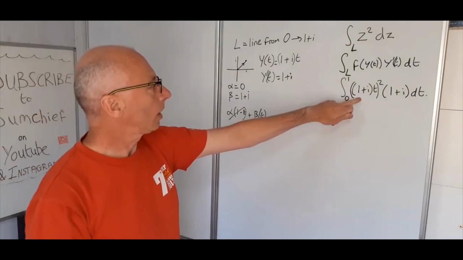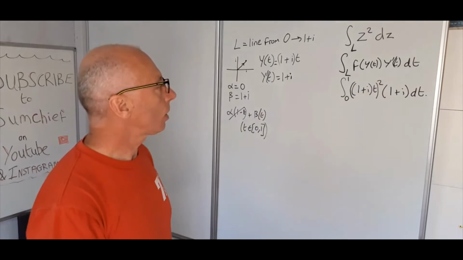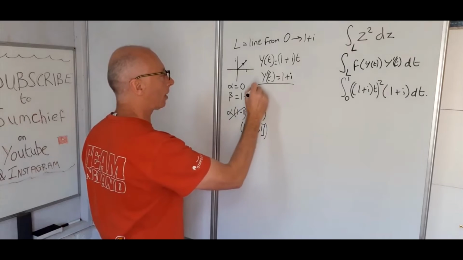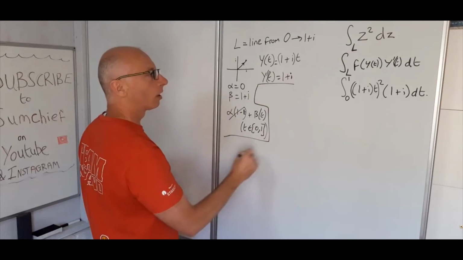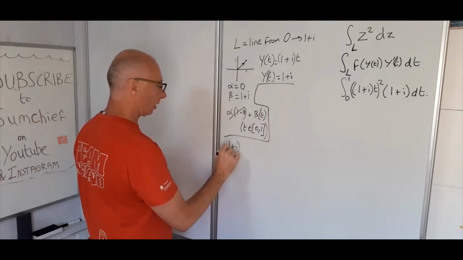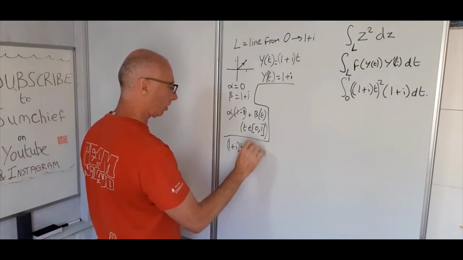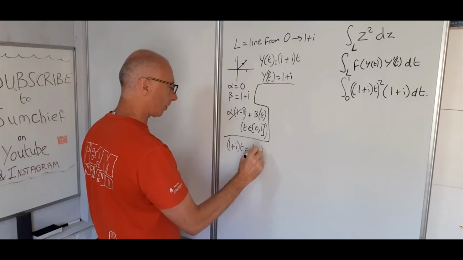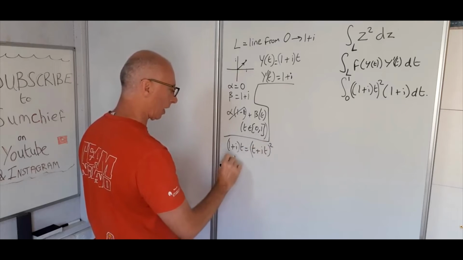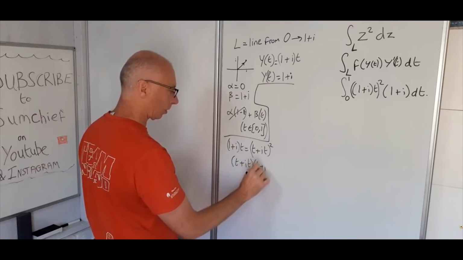Okay, let's work out what we've got here. So 1 plus i t squared. Let's just work that out here. 1 plus i times t will give us t plus i t, and then square that, so we'll have t plus i t, t plus i t.